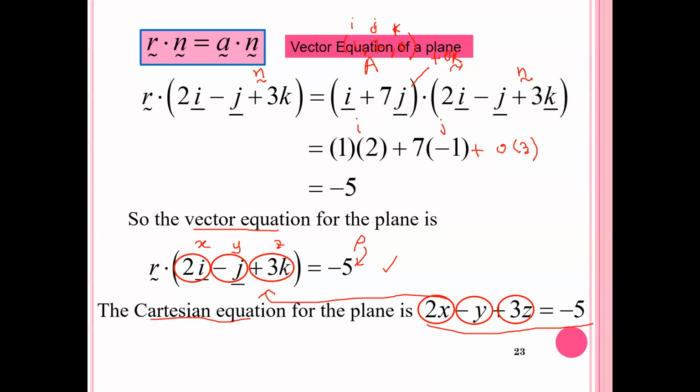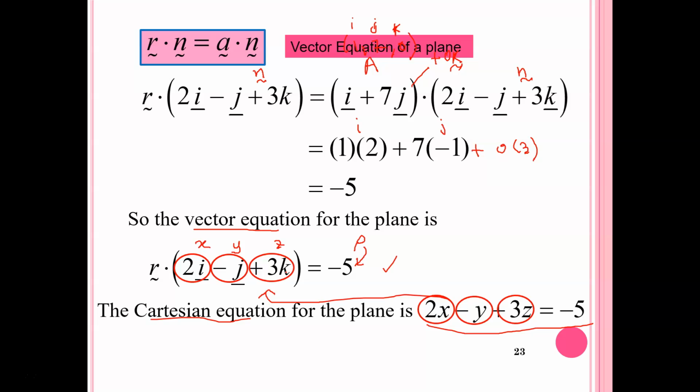So that's it for plane and this whole chapter, which is application of vectors. We have covered the two major subtopics, line and also plane. Again, I recall in line you have three types of equation.